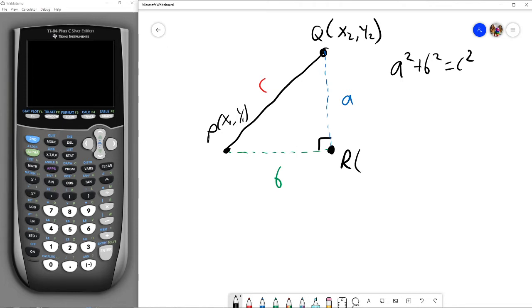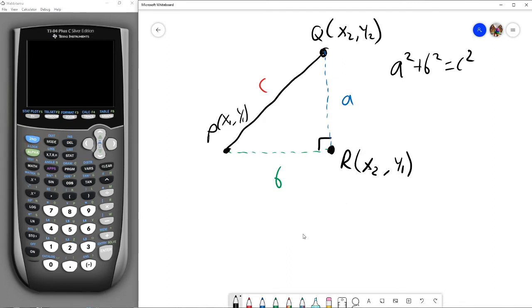When we think about R, since we are straight across from P to R, the y coordinate doesn't change at all. So we know that this is going to have the coordinate y1. And when we think about the x coordinate in relationship to Q and R, notice it's straight up and down, so the x value is not changing. So that means R is going to be at x2, y1.